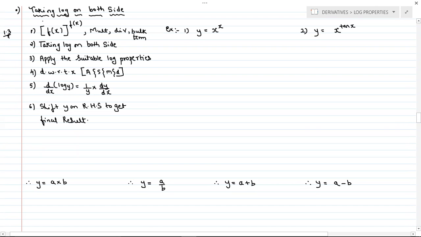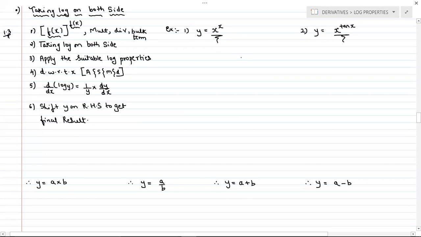So basically why do we use this concept, taking log on both the side? Whenever you see a function raised to function. What do you mean by function raised to function? Here, can you see this example number 1 and example number 2? This is called function raised to function. So the meaning of function raised to function is what?